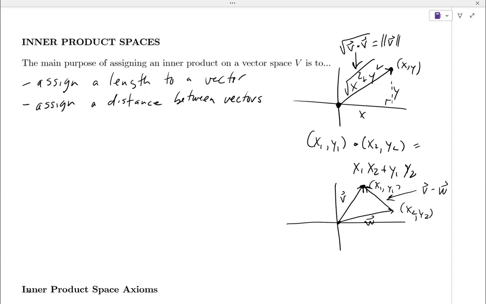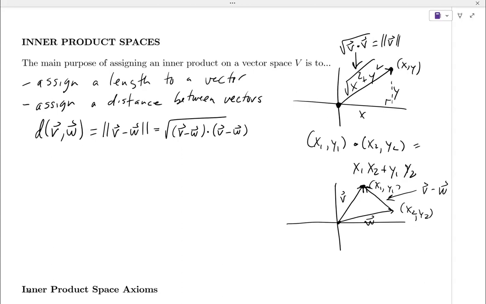So we can define the distance between the two vectors as the norm of their difference. And again, in terms of dot product or inner product language, we can define that as the square root of the inner product or dot product of v minus w with itself.